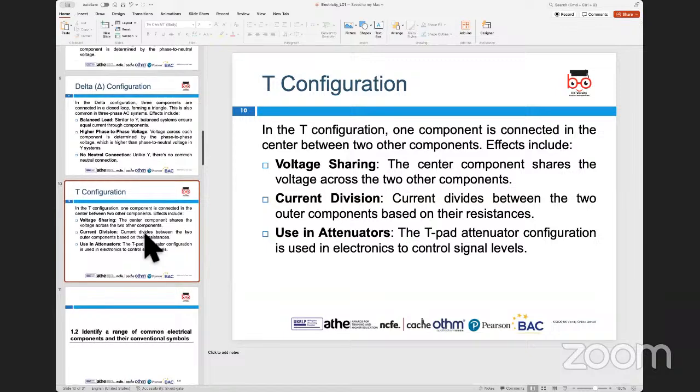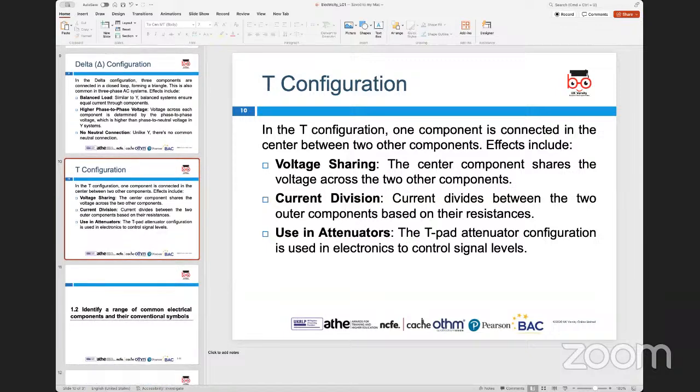Now, one of the last things that we will look at is the T configuration.